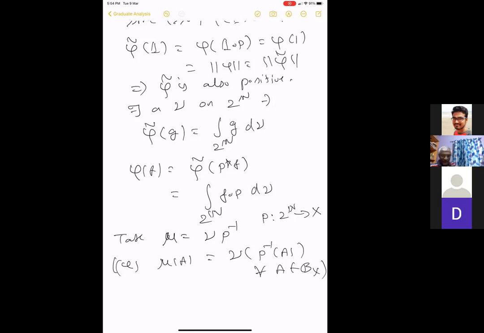So you can define a measure by this prescription, since p inverse A is a measurable set.